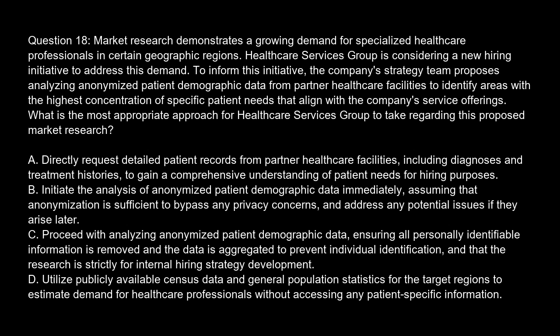Option C. Proceed with analyzing anonymized patient demographic data, ensuring all personally identifiable information is removed and the data is aggregated to prevent individual identification, and that the research is strictly for internal hiring strategy development. Option D. Utilize publicly available census data and general population statistics for the target regions to estimate demand for healthcare professionals without accessing any patient-specific information.